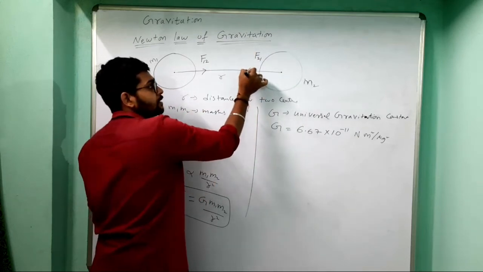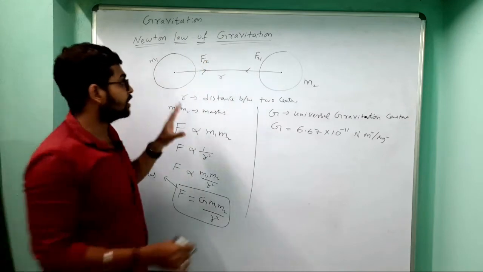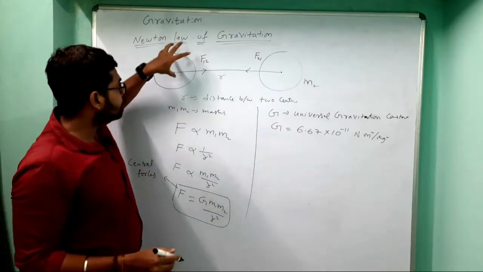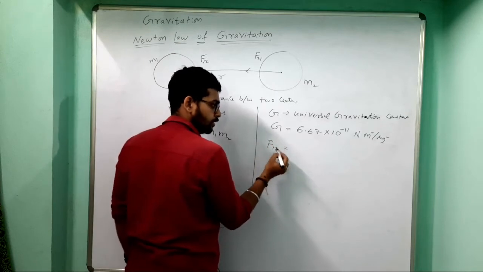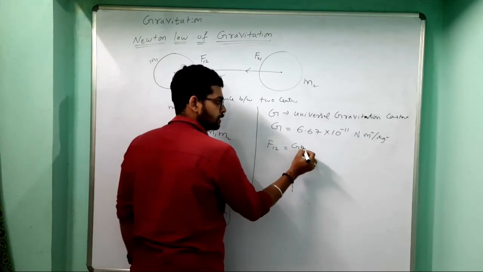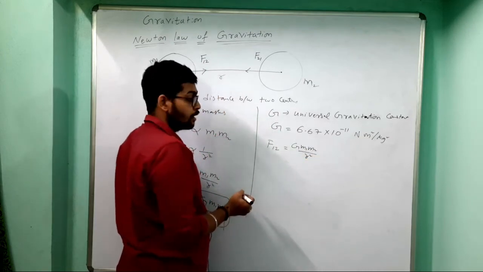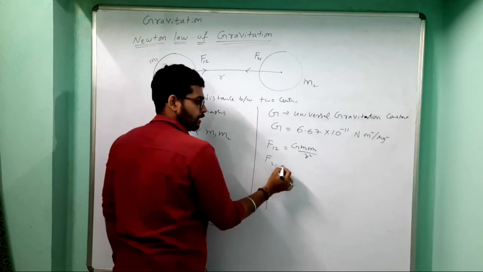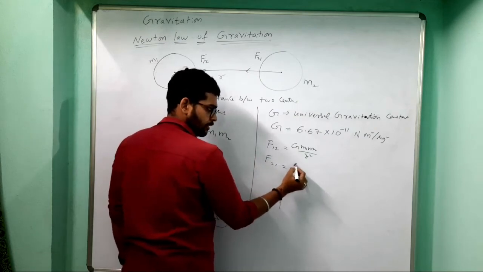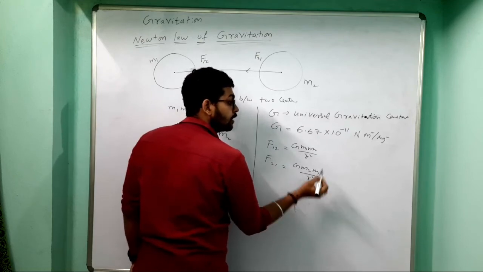Force on first body due to second body is G m1 m2 by r square. Force on second body due to first body is G m2 m1 by r square.